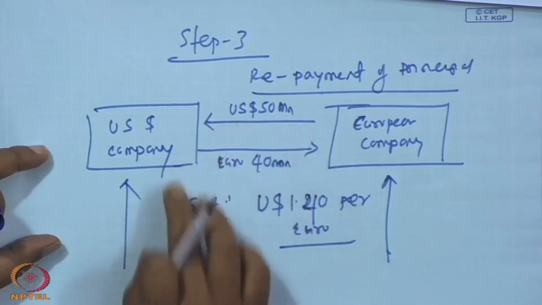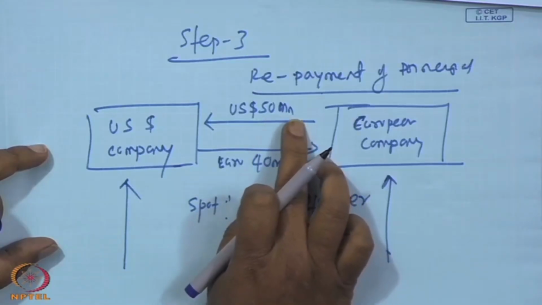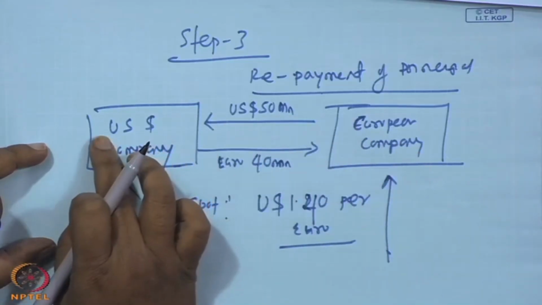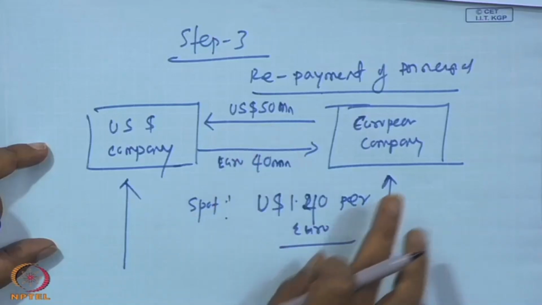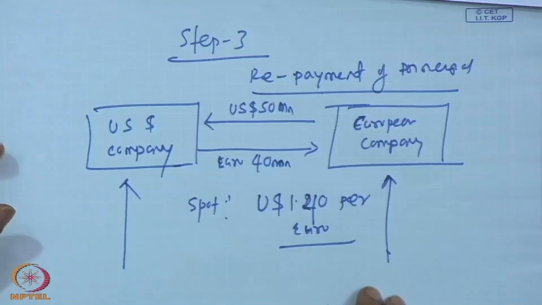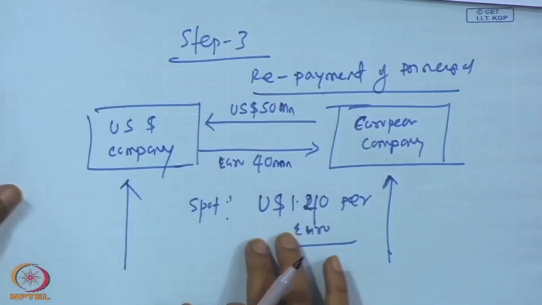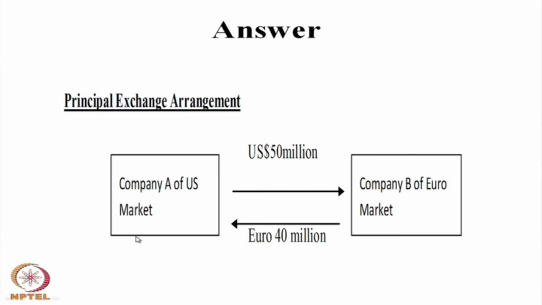That means 1.40 into 50 million on one side, and 50 divided by 1.40 on the other side. In the last step 3 transaction, the rearrangement of the principal amount takes place. So this is the process of a currency swap.